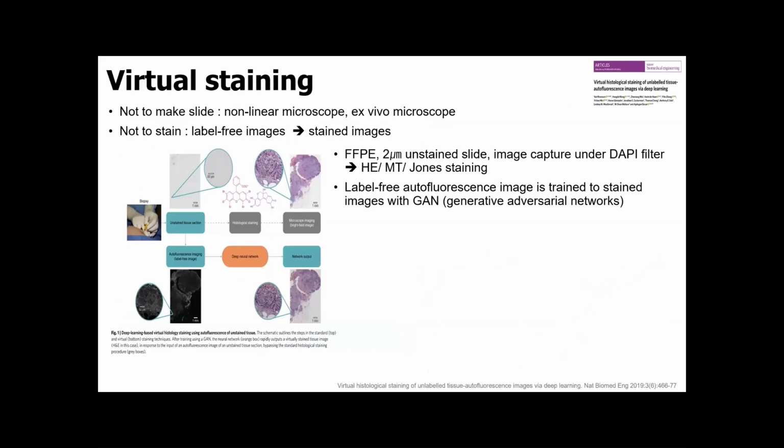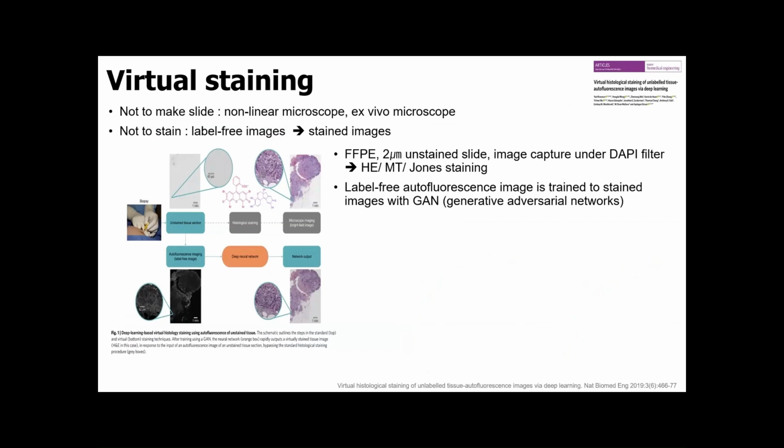Virtual staining is converting non-stained tissue images to familiar conventional staining images. It is the key skill to skip the staining process and to visualize in non-linear or ex vivo microscope.